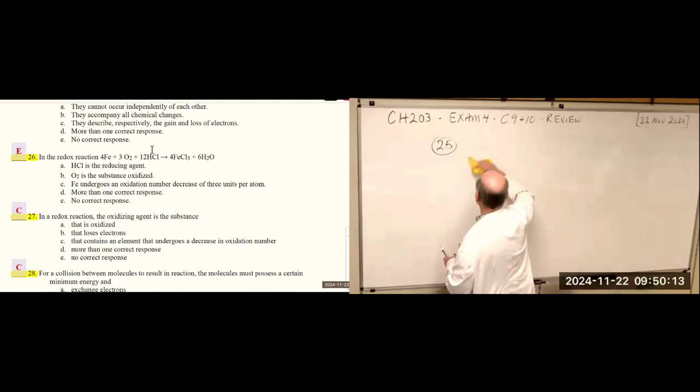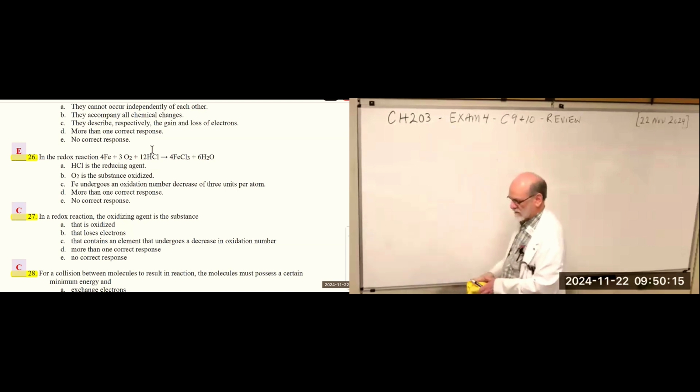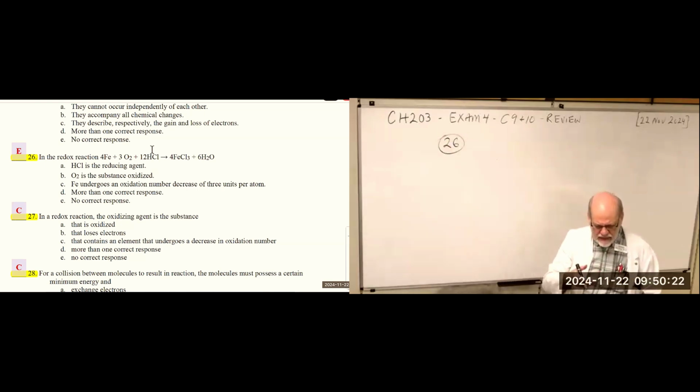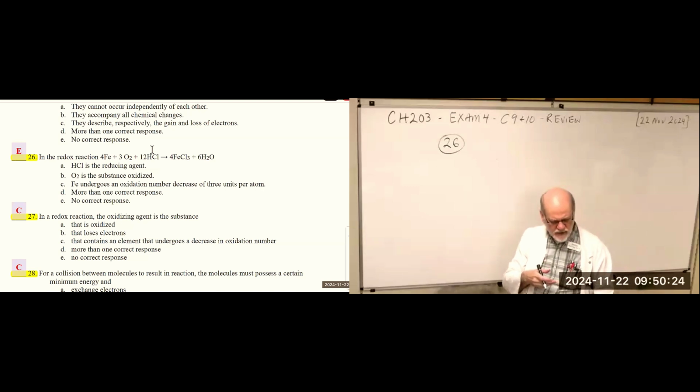26. In the redox reaction, iron plus oxygen plus hydrogen chloride yields iron 3 chloride plus water. Okay.